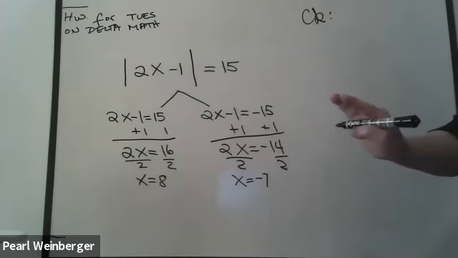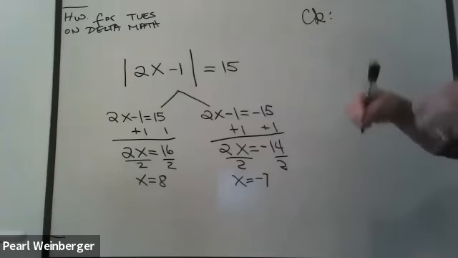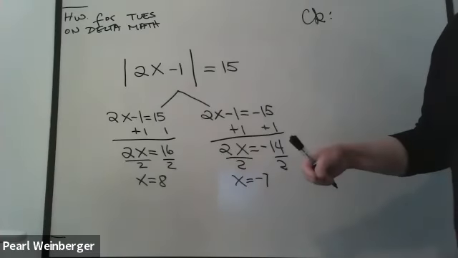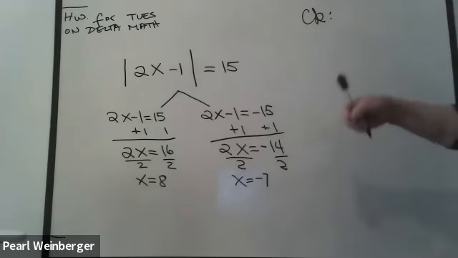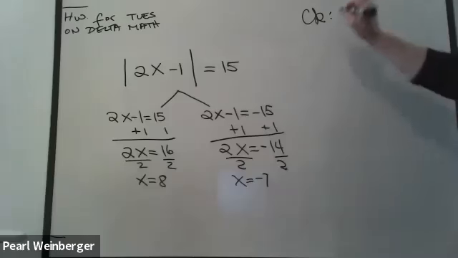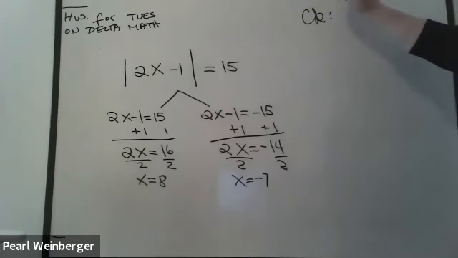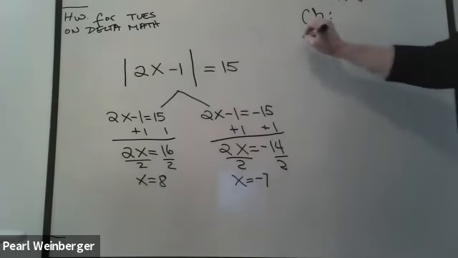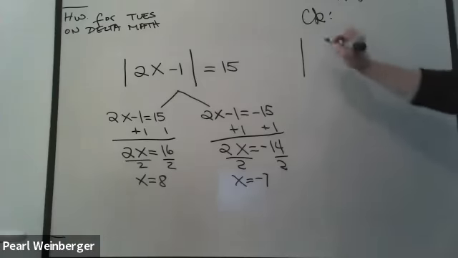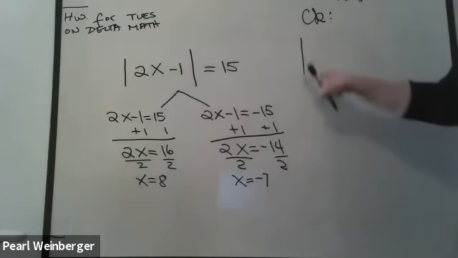Remember how we check an equation? We take our answer, we put it into the question, and we see if it works. So let's first check with x equals 8. I'm going to replace the x with 8. So I'll get the absolute value of 2 times 8 minus 1 equals 15.